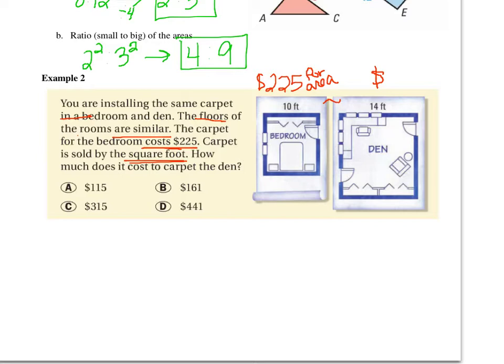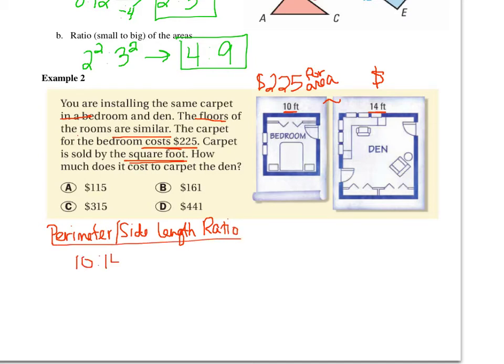Now, I've got these two pieces, 10 and 14, and I know those are similar, so I can write a perimeter ratio. Remember, that's the same thing as side length ratio. And I can write that as 10 to 14. If we reduce that, it's 5 to 7. Okay, so that's our side length ratio, but this is based on the area.